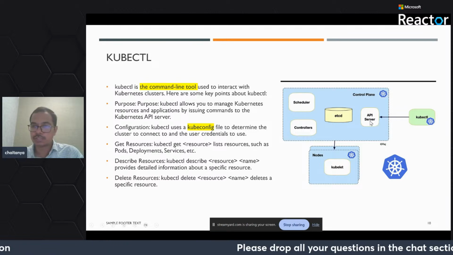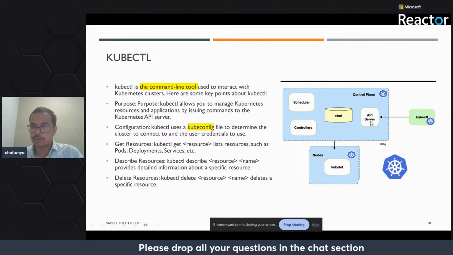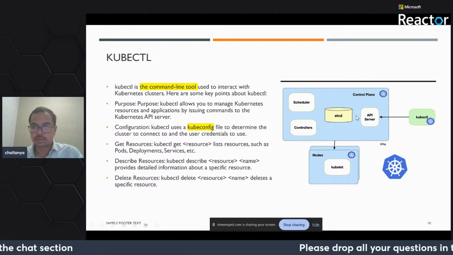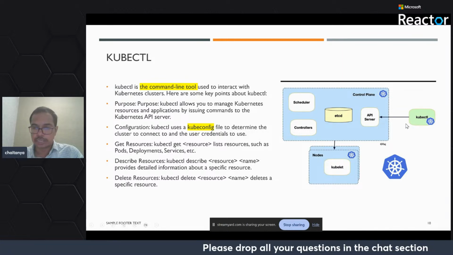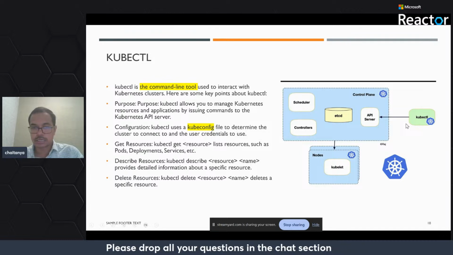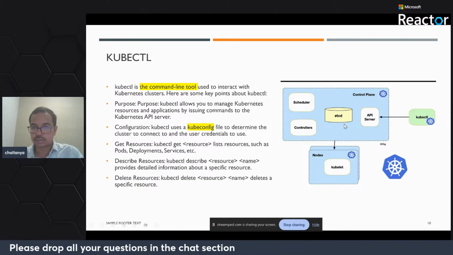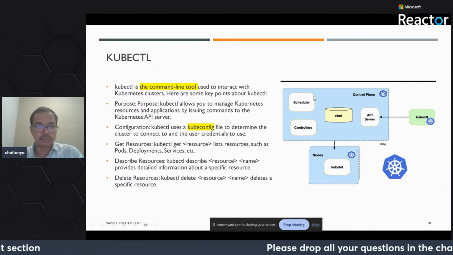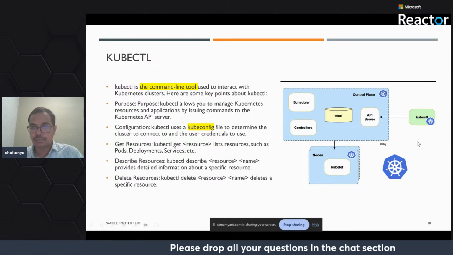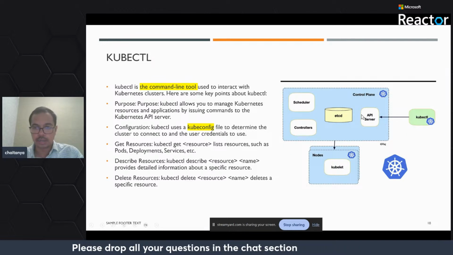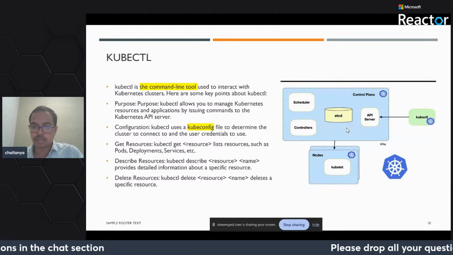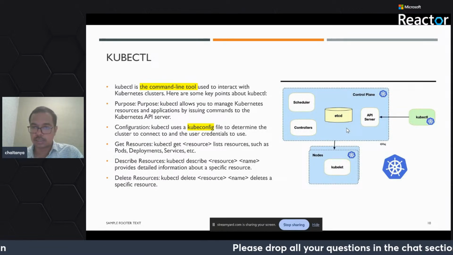Whenever you issue a command through kubectl, it goes to the API server, and through the API server in the control plane, it interacts with the etcd storage and brings back the data to your command line response. We'll execute these commands as well in the cluster setup to see the current state. The nodes, the scheduler and the controller all come together as part of a cluster, and kubectl can help you not only see the current state, but also delete deployments, restart your pods, delete pods, and check pod health.